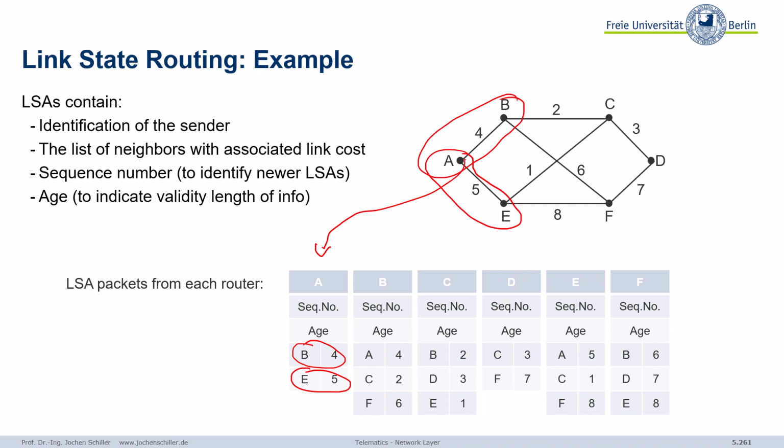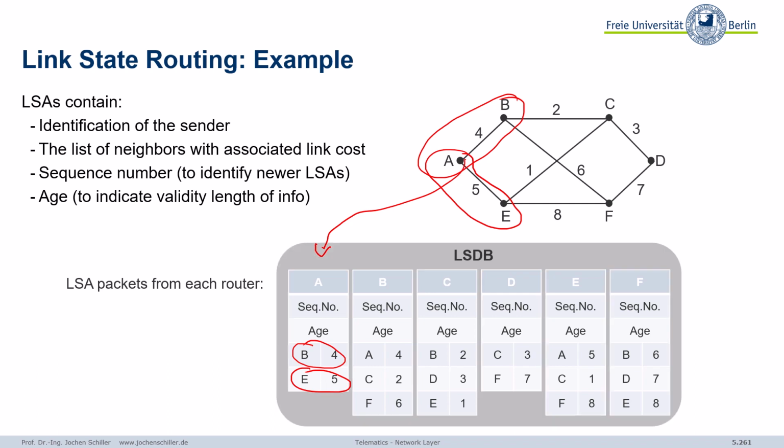This is the local view, but we distribute this in the whole network. And then all the nodes have this database, knowing that the view of this node is this and that, and the view of this node is this and that. And now we can start calculating the shortest path.